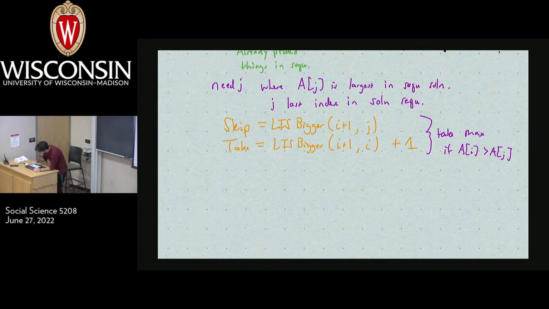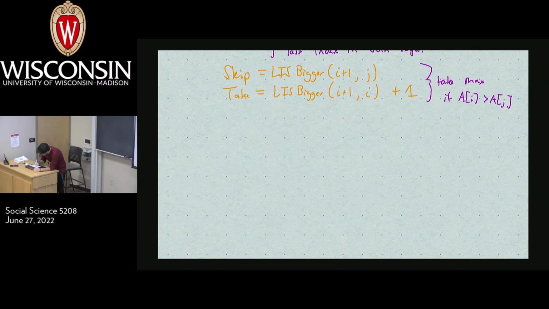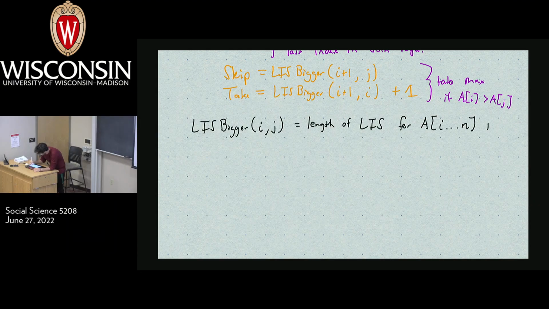So let me just write it in the index formulation now. LIS bigger of I comma J is the length of the longest increasing subsequence for A of I through n that must include, or let's just say that is bigger than AJ.